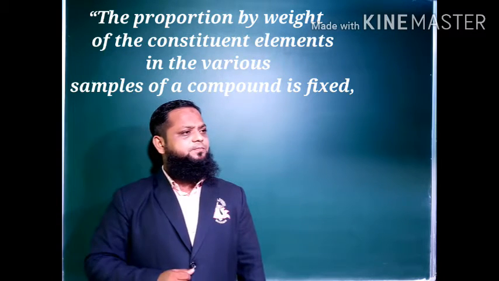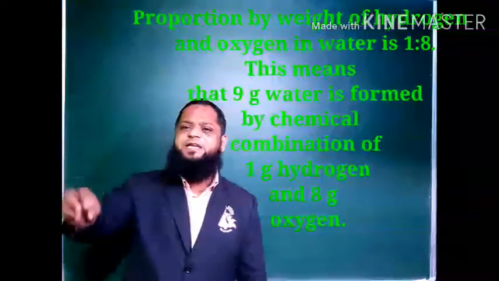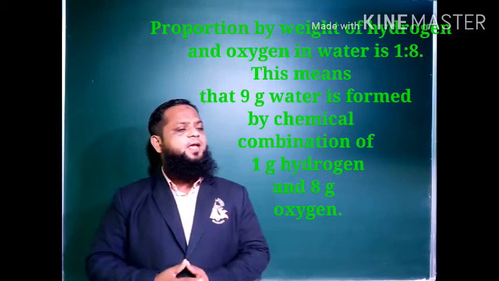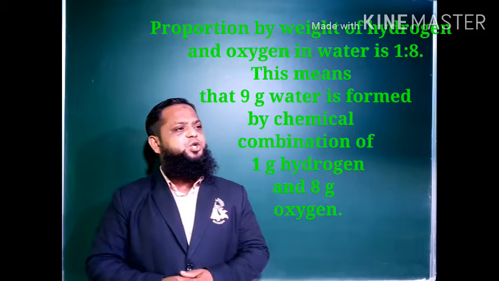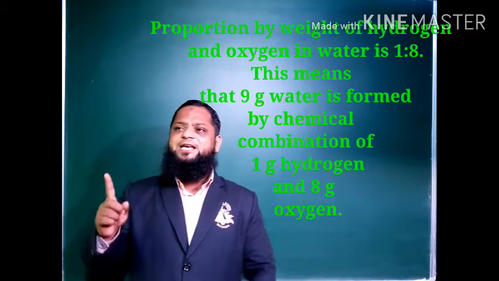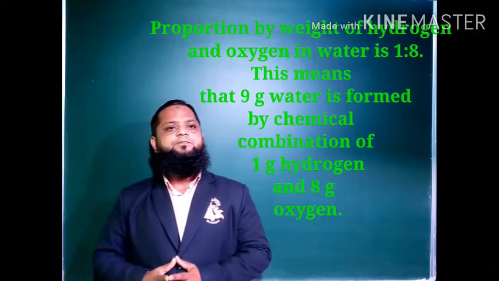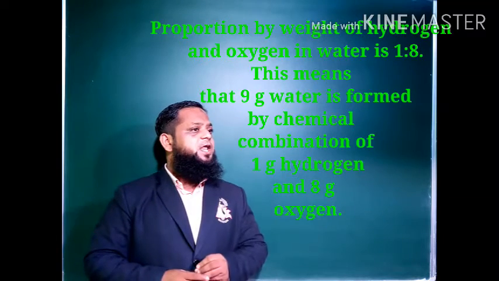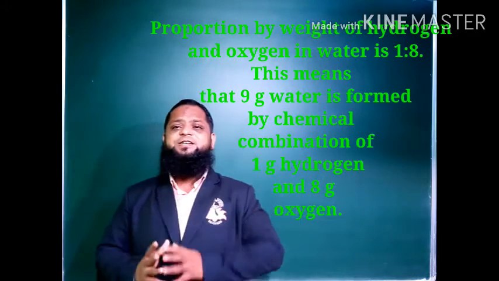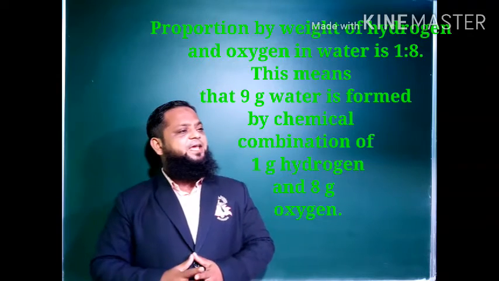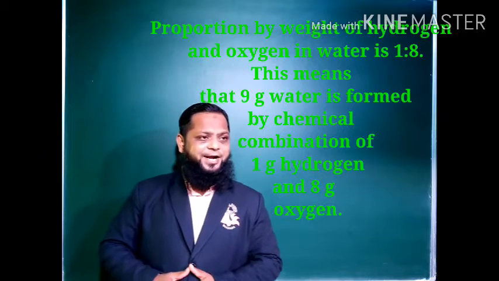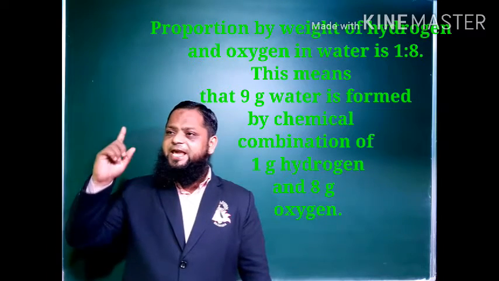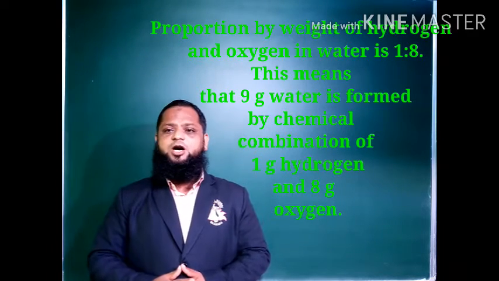For example, the proportion by weight of hydrogen and oxygen in water is 1:8. This means that 9 grams of water is formed by chemical combination of 1 gram of hydrogen and 8 grams of oxygen.